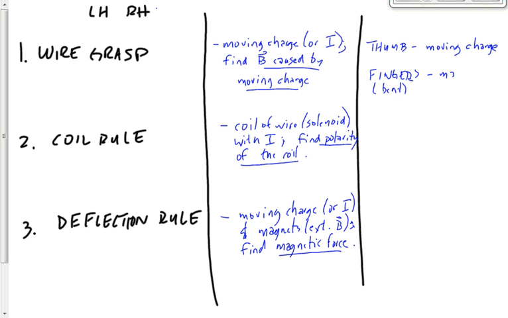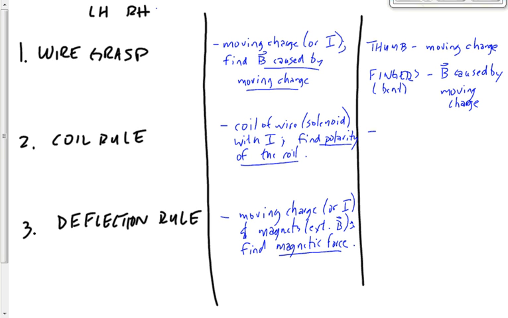Remember, there's no external magnetic field here, so don't point them in the direction of any kind of magnets. You want to point them in the direction of the magnetic field that's caused by the moving charge. Right? It's thumb, clench your fist, fingers are going to point in the direction of the magnetic field that's caused by that moving charge or caused by that electric current.